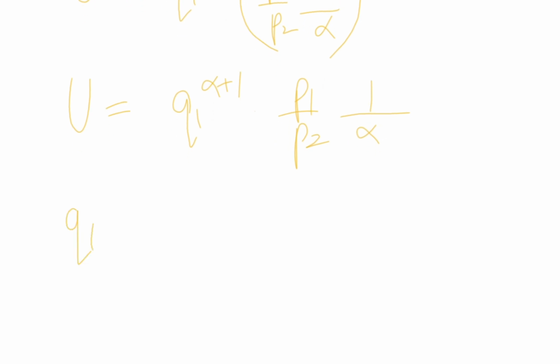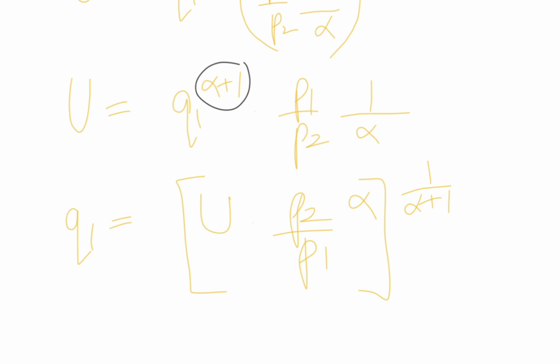Write this entire expression in terms of Q1. You will get U into P2 by P1 into alpha, the entire thing raised to the power 1 upon alpha plus 1. This is the same alpha plus 1 that we received here. That's why it comes as 1 divided by alpha plus 1 in the power.